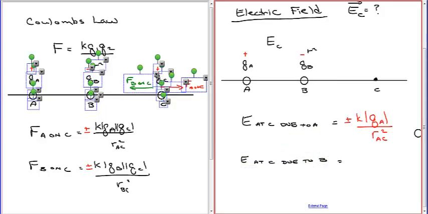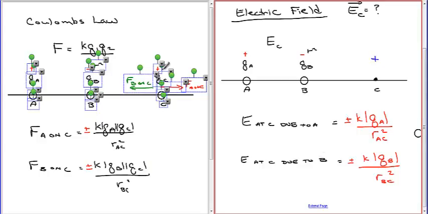And then you're going to have plus or minus K times charge B divided by the distance between charge B and point C, and you square that. So all we've done is divide by the charge C, but in the case of electric fields, it's always positive.